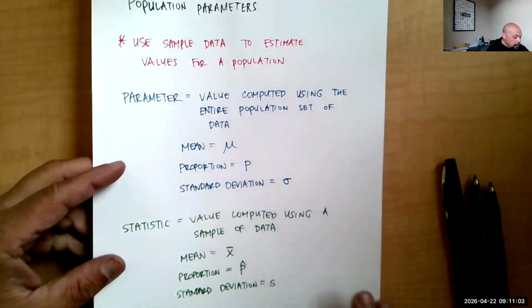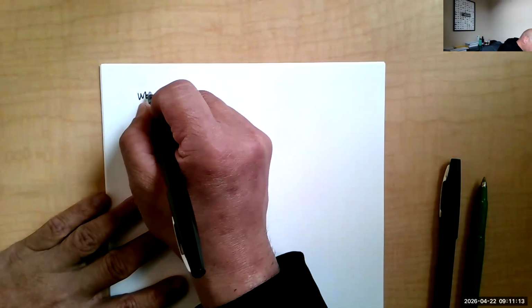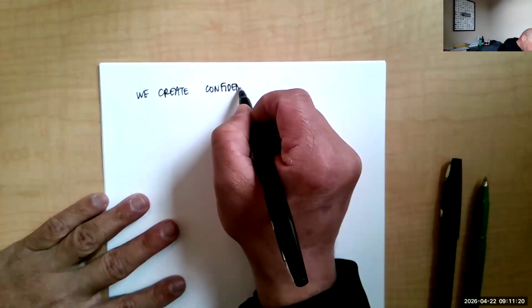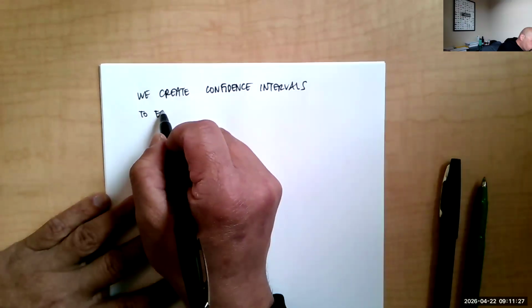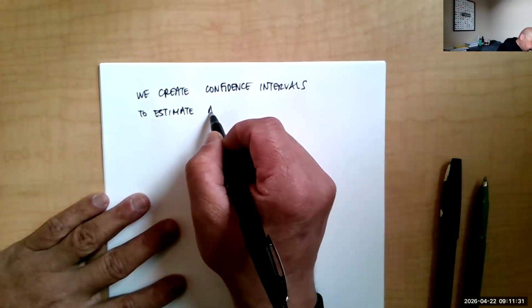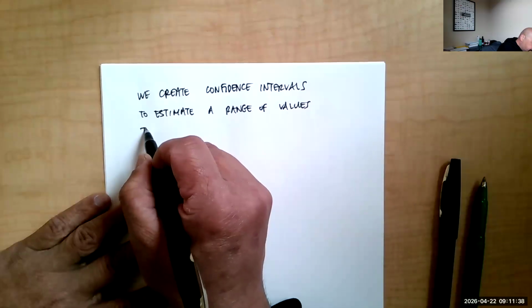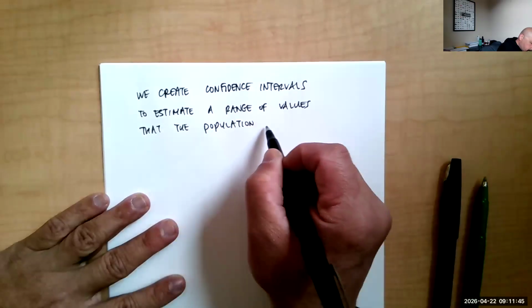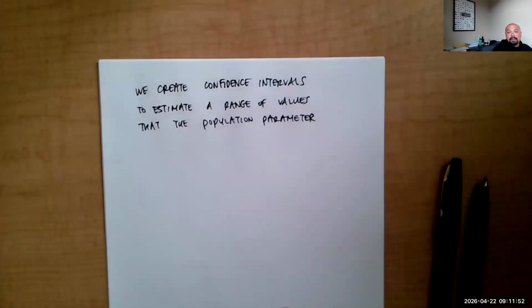Using that information, as we start to build up those estimates, we create confidence intervals, a range of values to estimate that population parameter, that value for the mean mu, that value for the proportion p.